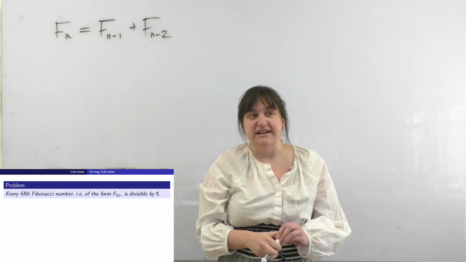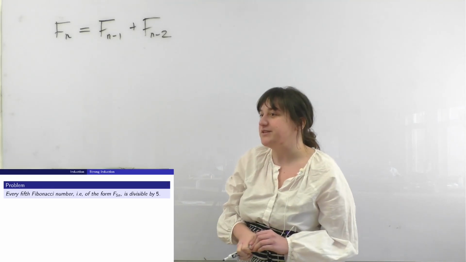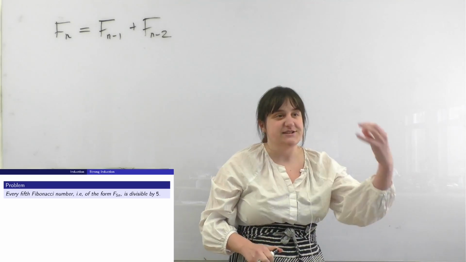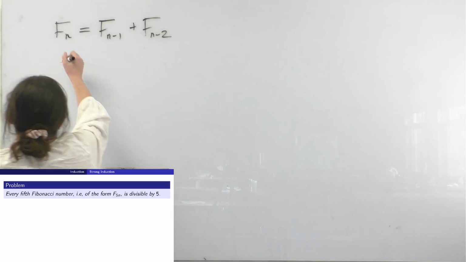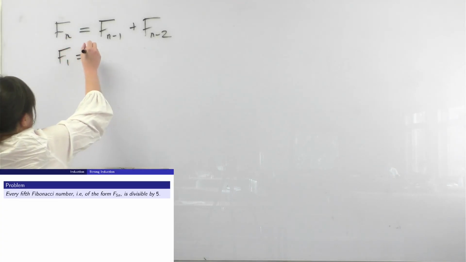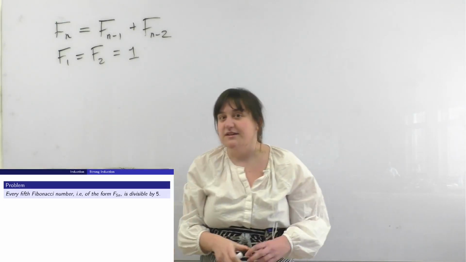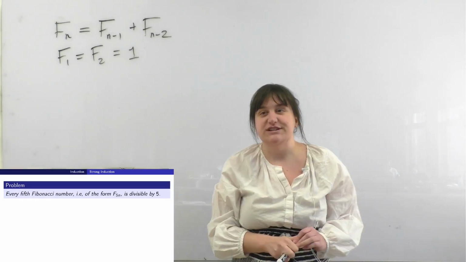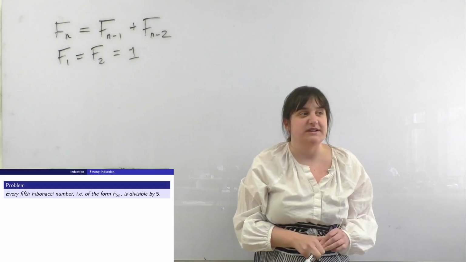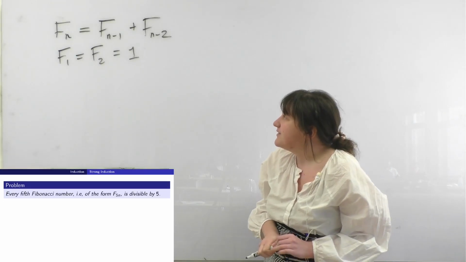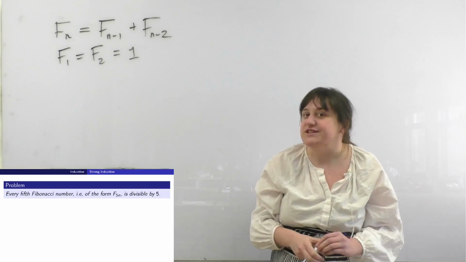And of course, if I tell you this relation, you need a couple of numbers to seed into it to get started. So we're going to say here F1 is equal to F2 is equal to 1. If you started with different initial conditions, you would get different sequences. So we want to start with the right base numbers here.